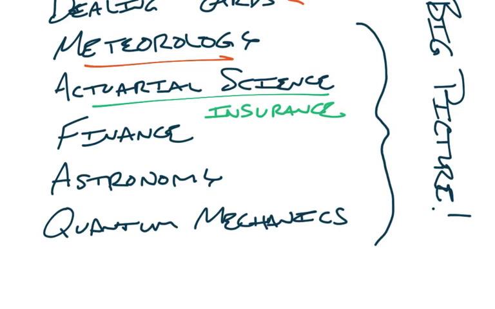Insurance companies are able to make money when they are effectively playing a game of chance because they have a very good understanding of the likelihoods of various events happening, and they price their insurance plans based on that understanding in such a way that in the long run they are virtually guaranteed to make money.